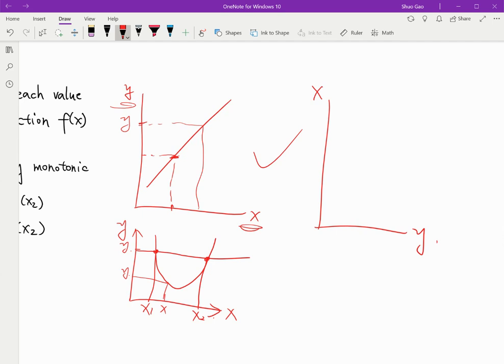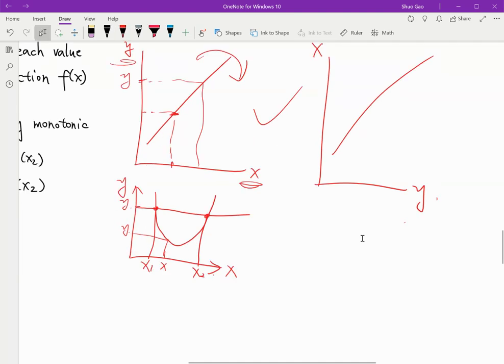If you flip this figure, writing x on the y-axis and y on the x-axis, it's again a function. So this is called the inverse function.